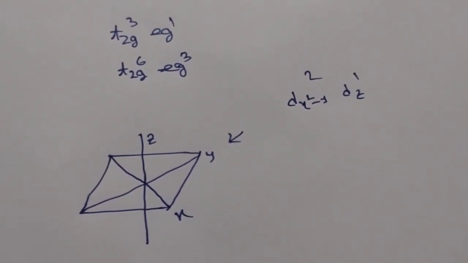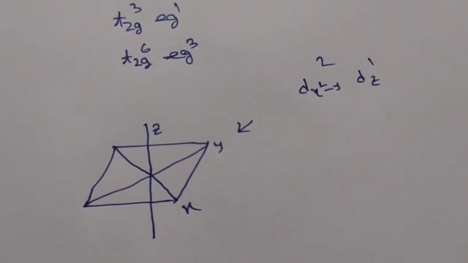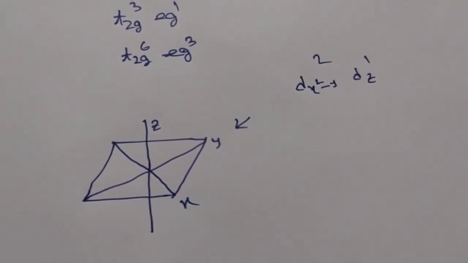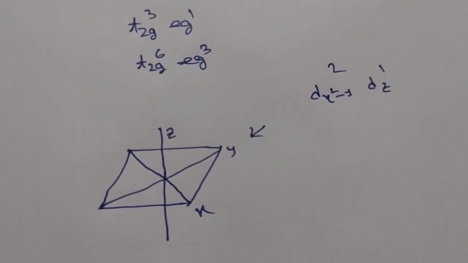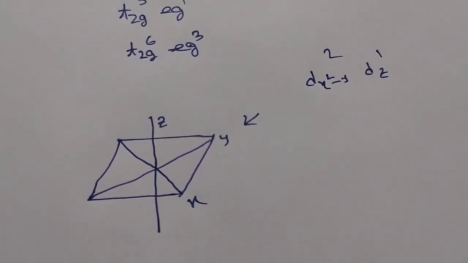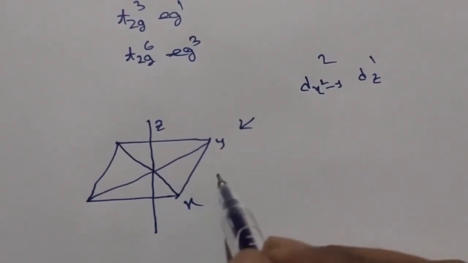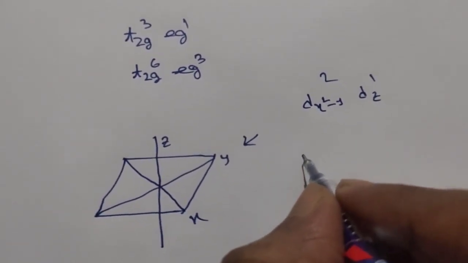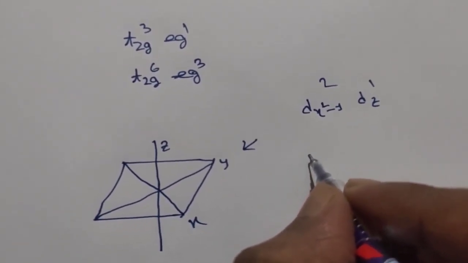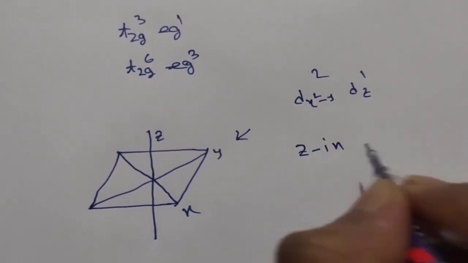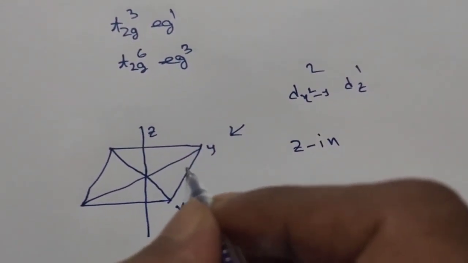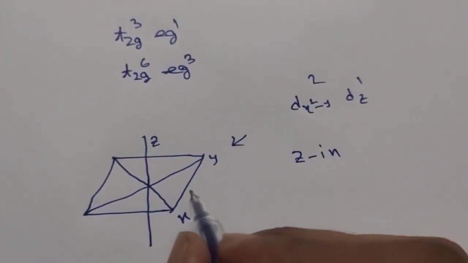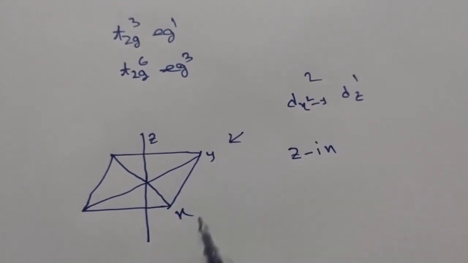So the overall geometry will be slightly distorted, such that the bond length along the z axis will be slightly lower than the bond length along the x and y axes. This case we term Z in, since the bond length along the z axis is lower than the x and y axes.